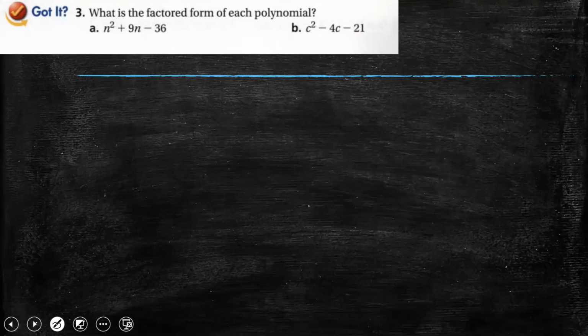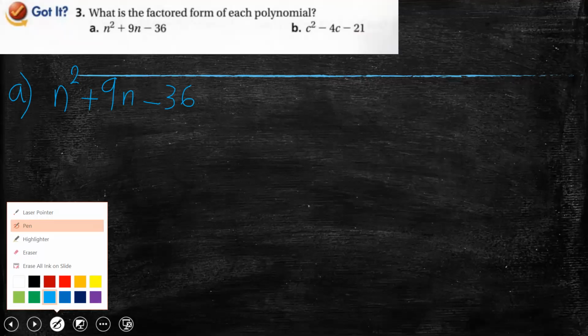Let's now go to test 3. What is the factored form of each polynomial? n squared plus 9n minus 36. As I told you, the first step, I will look at the sign of C. What is the sign of C here?